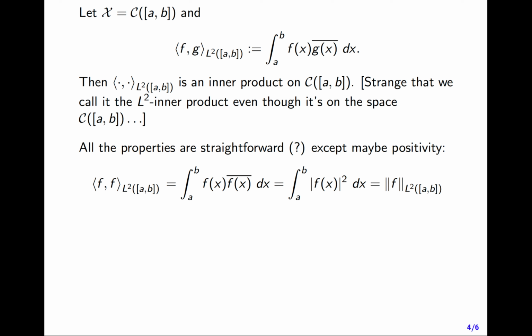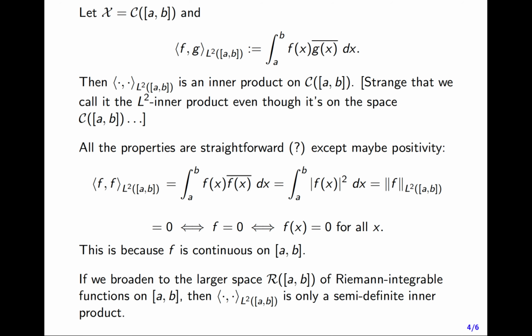That's also the L2 norm of f, as we met in a previous video. And we know that if that L2 norm is equal to 0, equivalently, if the L2 inner product of f with f is equal to 0, that only happens when f is equal to 0, which is to say when f of x equals 0 for all x. And this is because f is a continuous function on a to b.